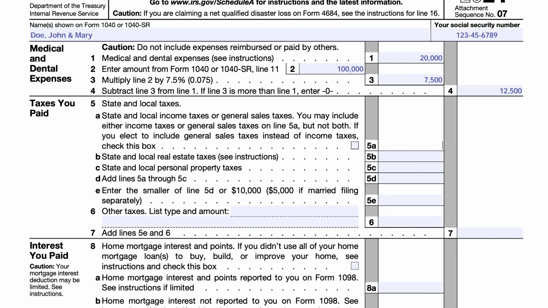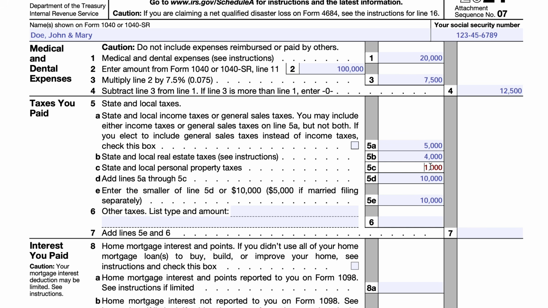Let's just say that they're going to go ahead and use $5,000 worth of income taxes that was on their 1099s and their W-2s, and they can figure that out pretty quickly. Let's just say that real estate taxes for the year were $4,000, and then they had another $1,000 of personal property tax. You'll add this all up, and we get $10,000, which happens to be the limit.